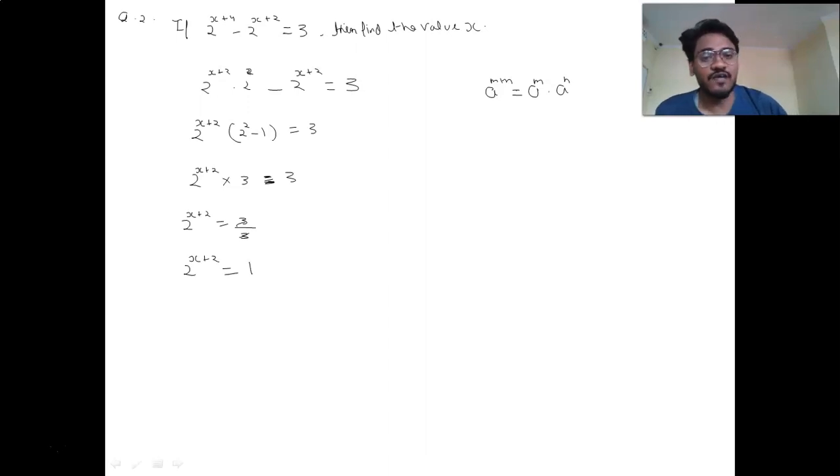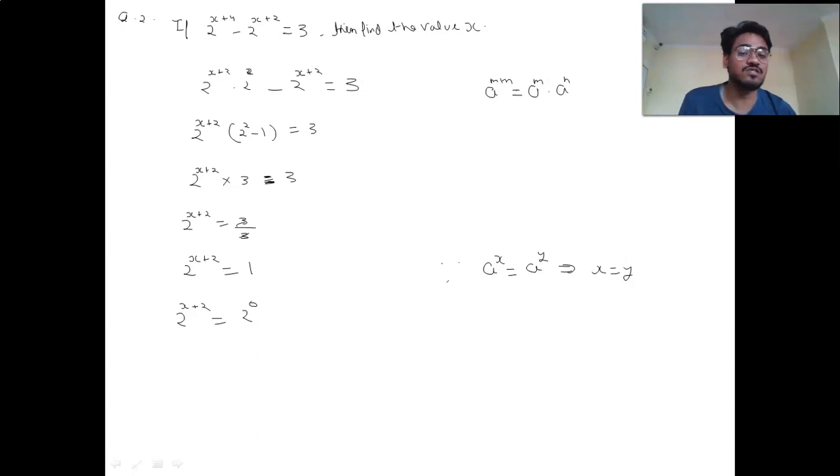What we wanted? I wanted this form, a to the power x is equal to a to the power y, so that I can write x is equal to y. But what we got here? I got in the right hand side 1. Instead of getting the power of 2, I got 1. So students, you can use your mind here. 1 can be written as 2 raised to the power 0. Because I have seen there that something raised to the power 0 is always 1. So yes, I can take this one as 2 raised to the power 0.